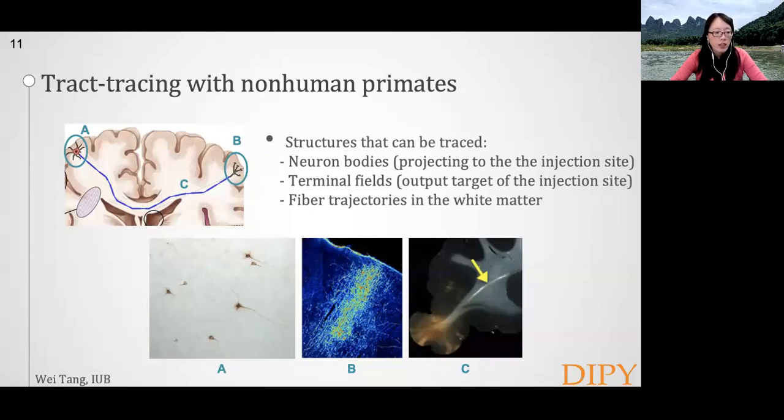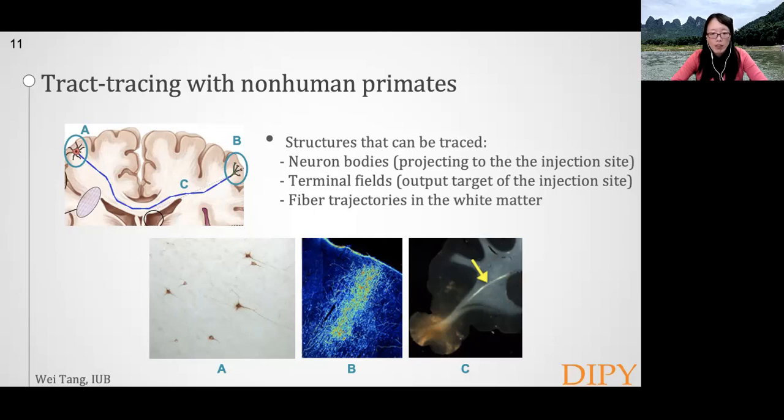The first is the labeling of neuron bodies. Tracers can travel upstream from the injection site, or so-called retrogradely. The labeled neurons will tell us from which brain areas the injection site received input.